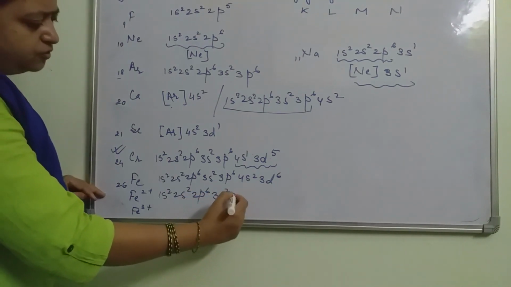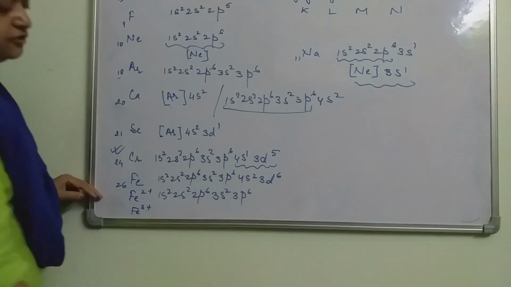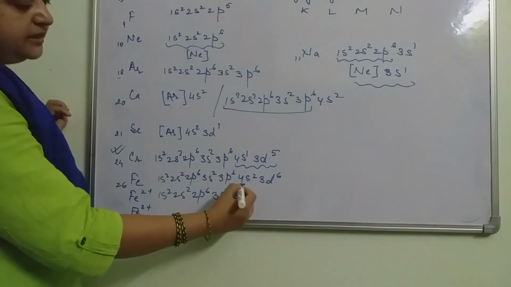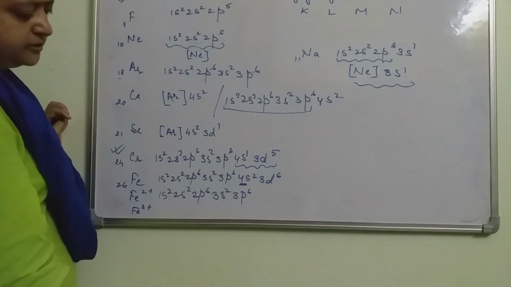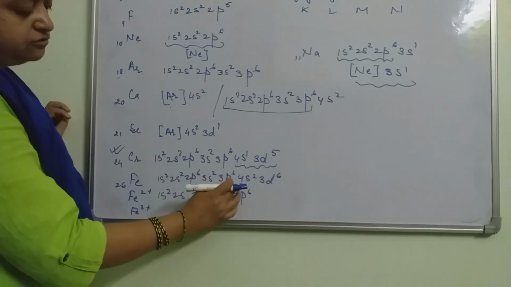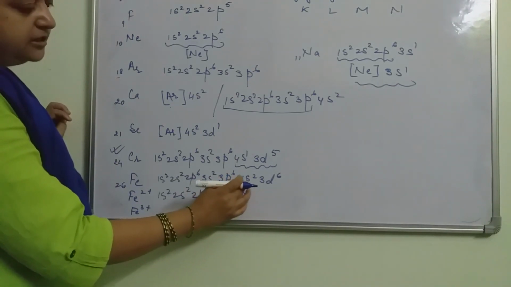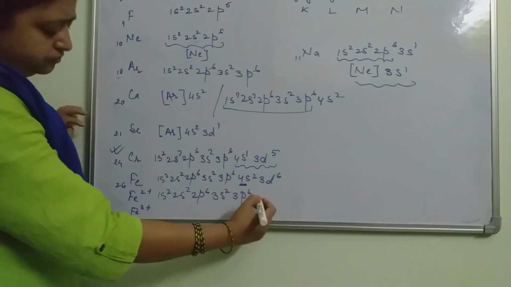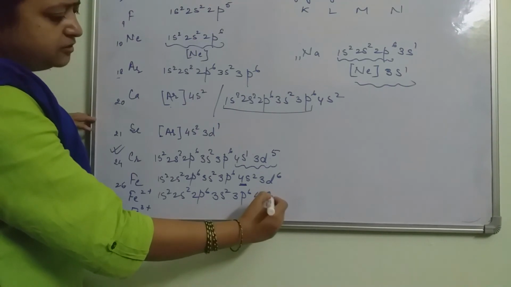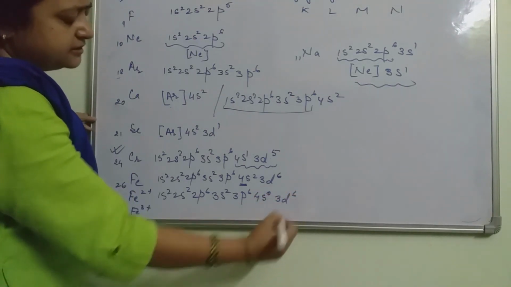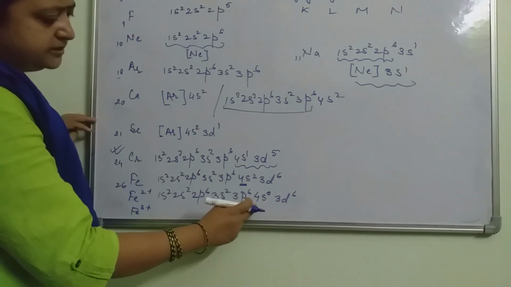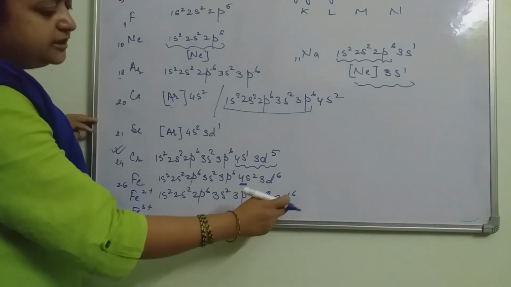When we remove an electron, it is removed from the outer shell, not from the inner shell. So 4s is in the outer shell, and 3d is in the inner shell, the third shell. So the electrons are removed from the outer shell, that is 4s2. So it becomes 4s0 and 3d6. And this configuration is again unstable. So it becomes 4s1, 3d5.